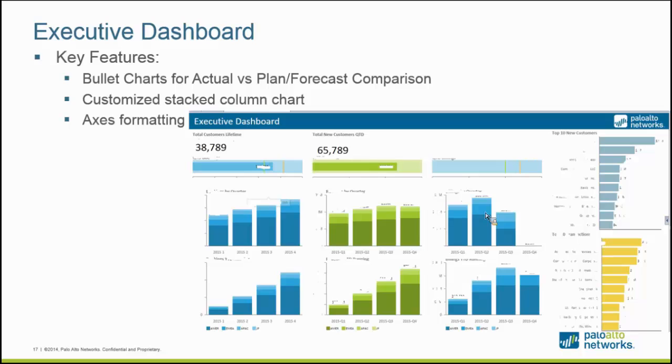We have done the customization of the colors as well, breakdown by theater. You can see how beautiful it looks. Also, simple bar charts towards the right show the top 10 customers and that kind of information.